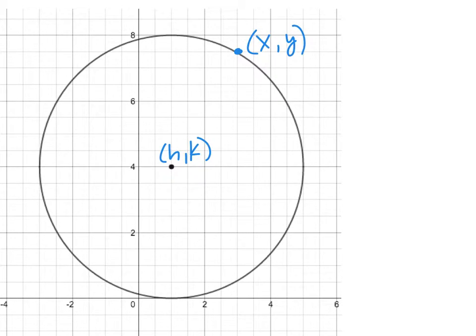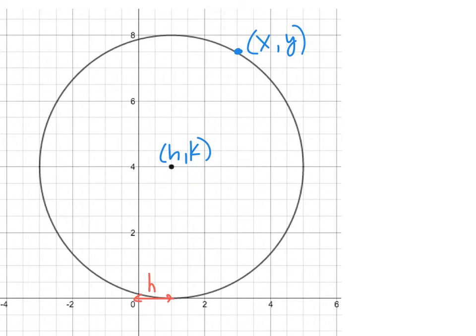Okay, let's think about it a little bit. How long is that red line? I know it's 1, but in terms of h and k, is it h or k? H, because we're walking h away to get to the center.